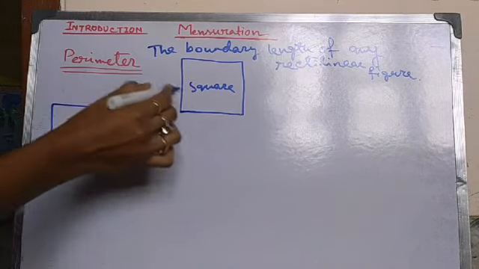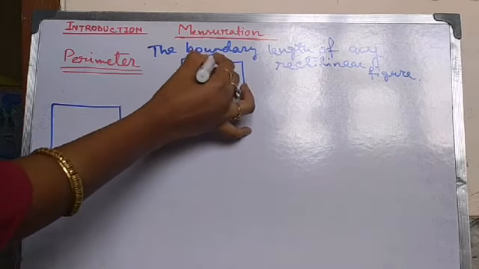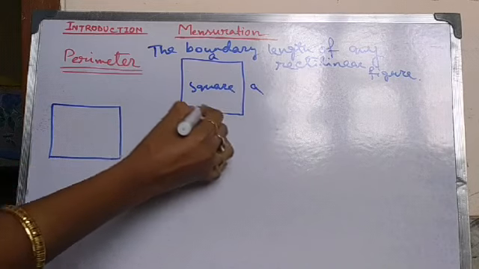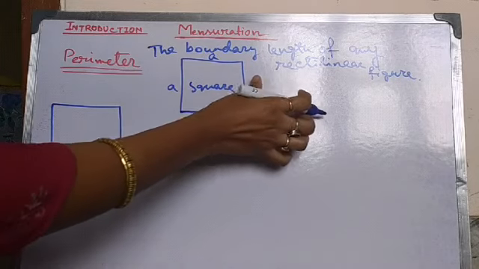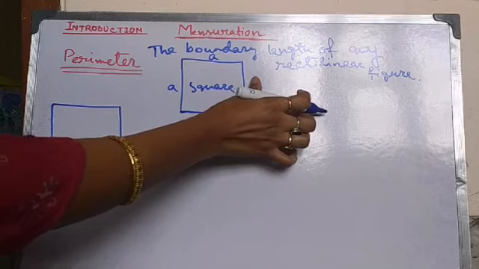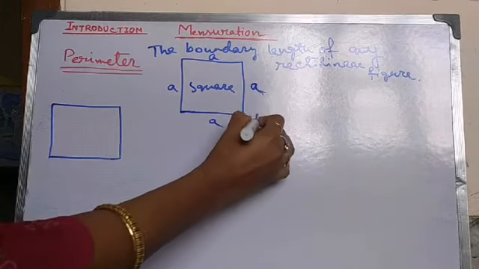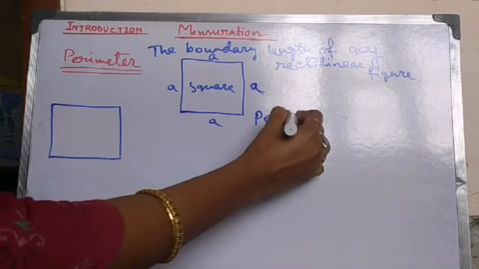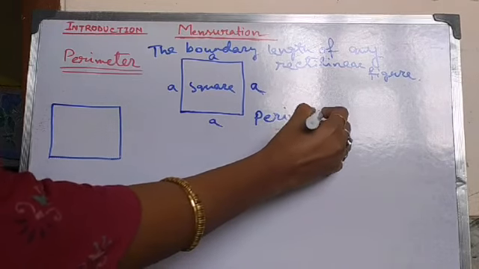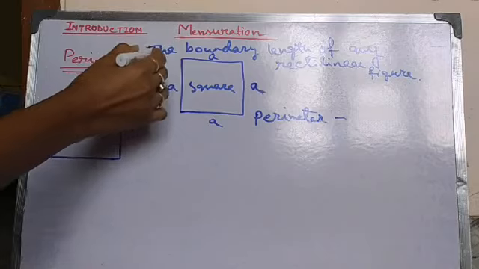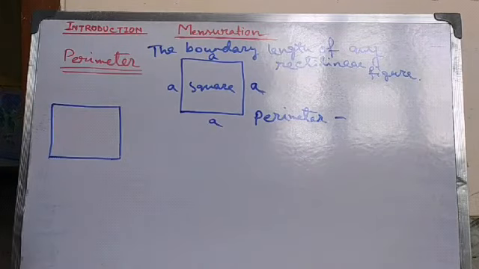Here what is the perimeter of the square? Suppose these are the sides. A square has 4 equal sides. So what is the perimeter of the square? Perimeter means the boundary length of any rectilinear figure. That means total length of the boundary.